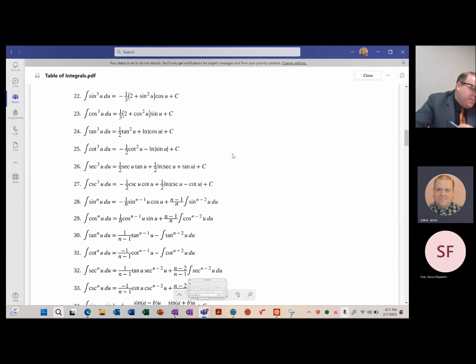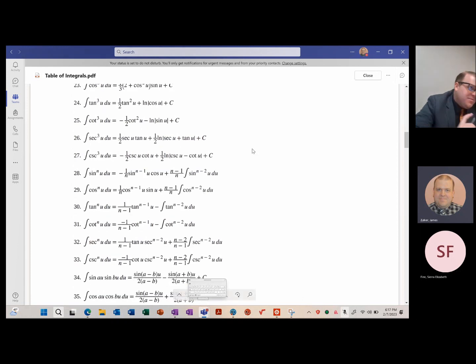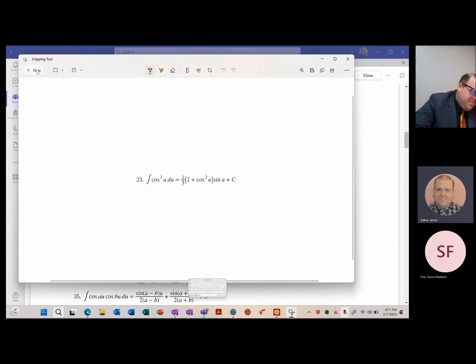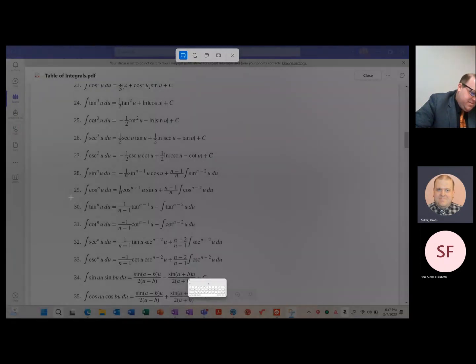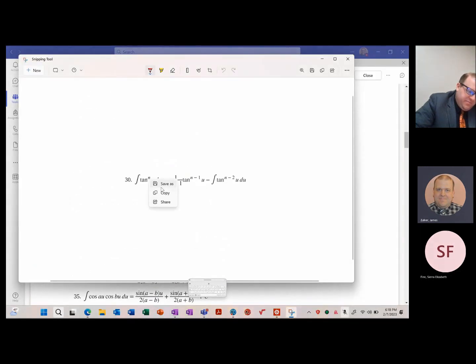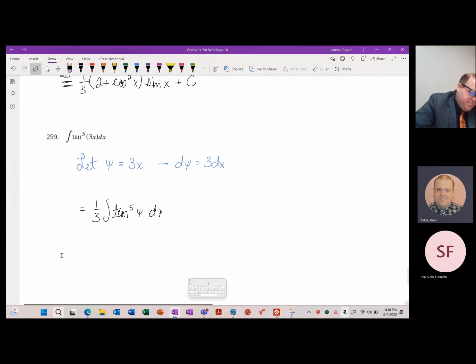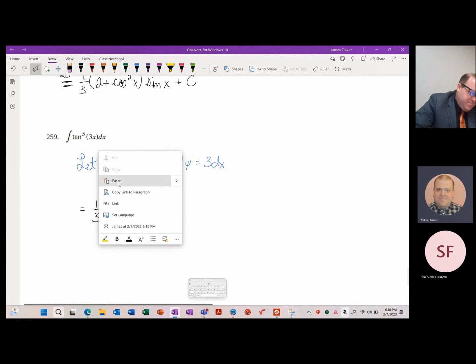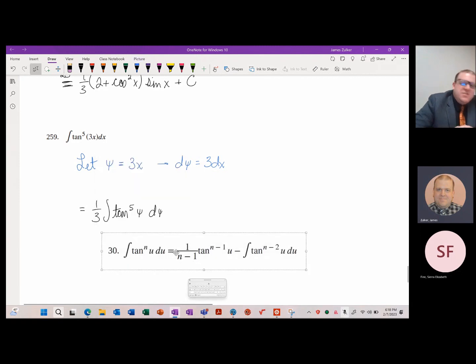Do we have a tangent to the fifth anywhere? We're going to have to use the tangent reduction formula, which is number 30.